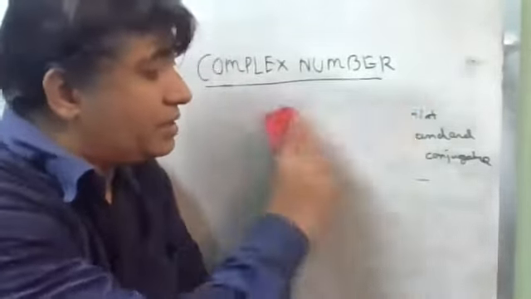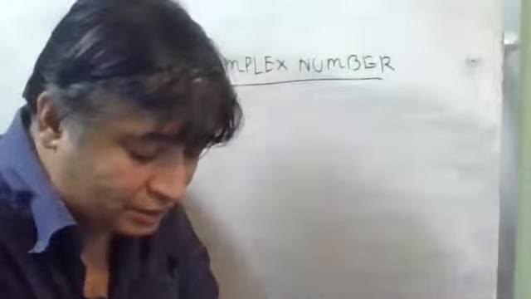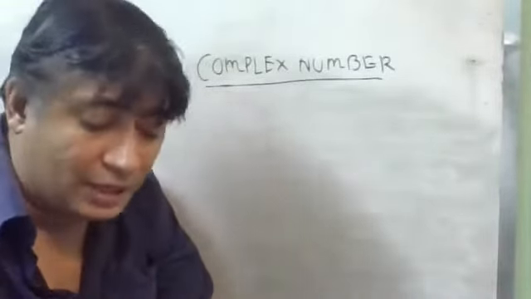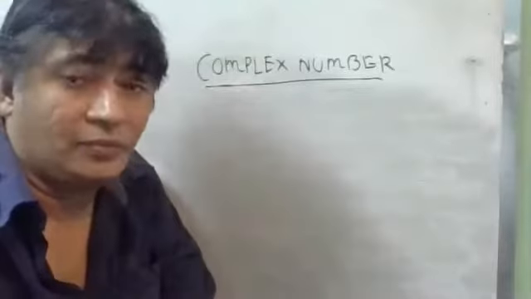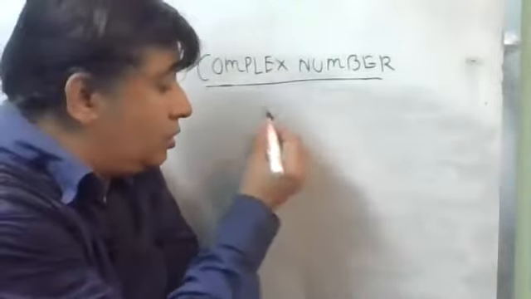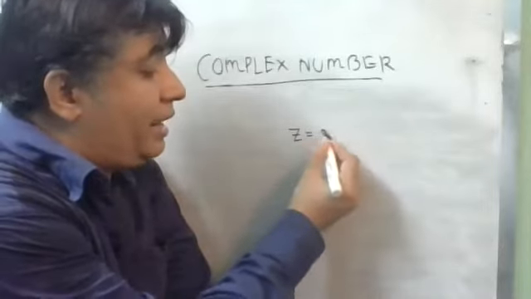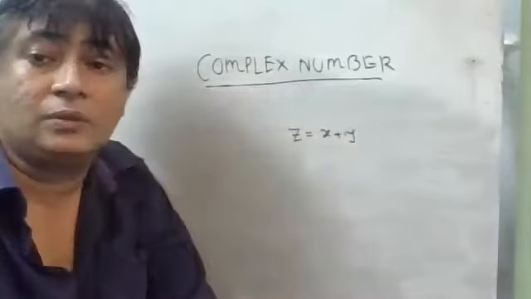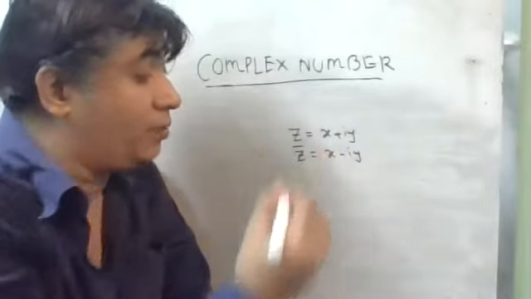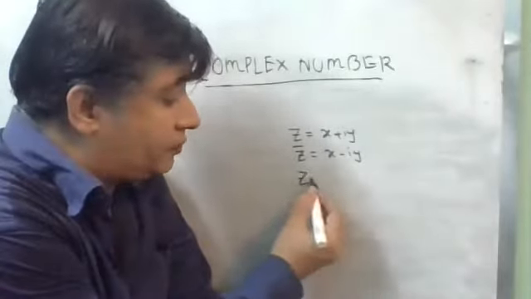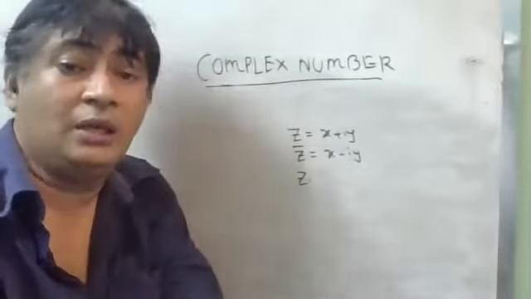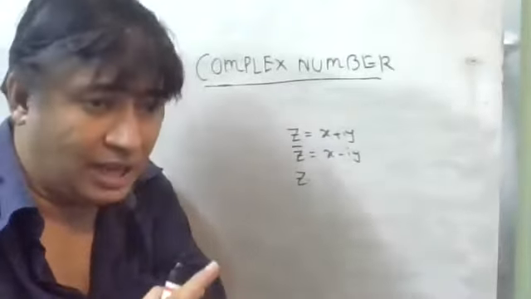So many interesting and important formulas are knocking at the door, and I will try to cover a few of them in today's class. So you have got z equal to x plus iy, and z bar means conjugate, x minus iy. As I have already told you, in complex numbers the product of 2 points is allowed.